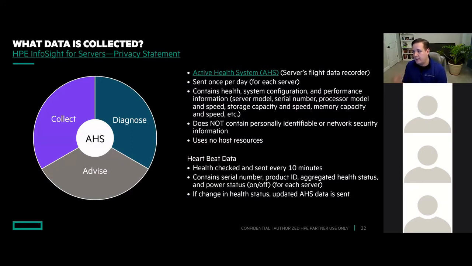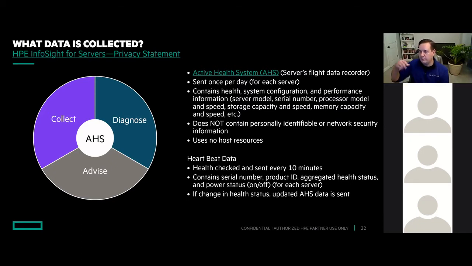So it knows the model, some details about what CPU, what memory I've got in it, that kind of stuff. It does not record any personally identifiable or security-sensitive information. And it does not use any host resources at all because it's actually built into the silicon. It's built to do it.